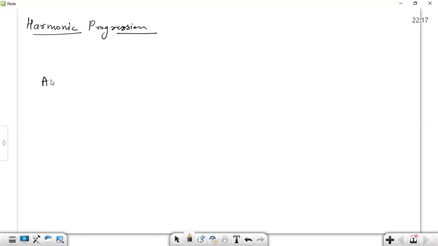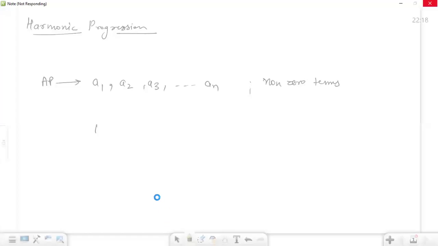If I write a sequence which is in AP, say A1, A2, A3, ..., AN, these are all terms of AP, given that not even a single term is zero, they are all non-zero terms. Then the reciprocal of this sequence is going to be HP, harmonic progression.